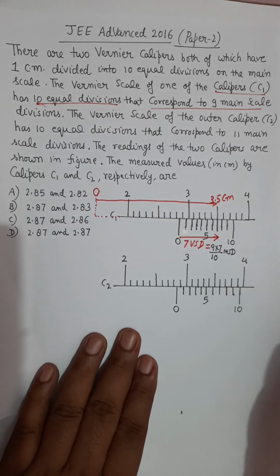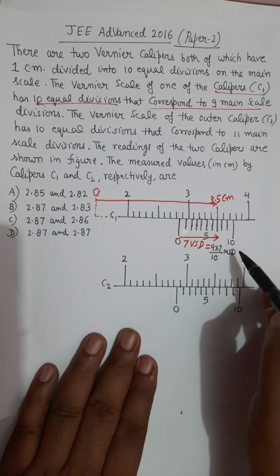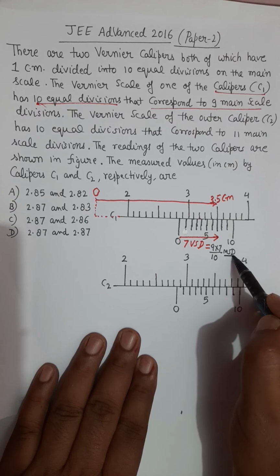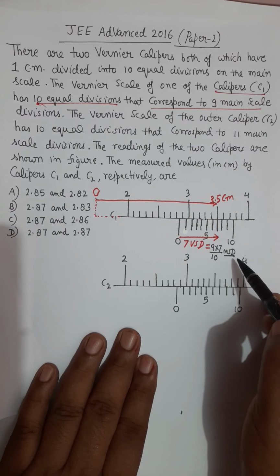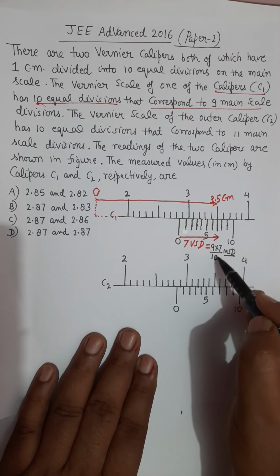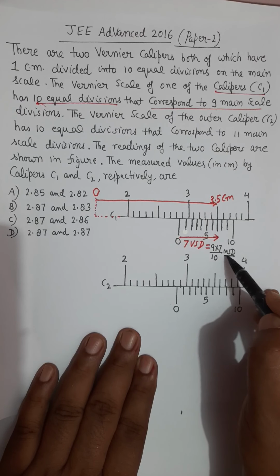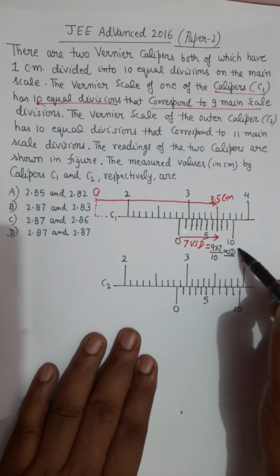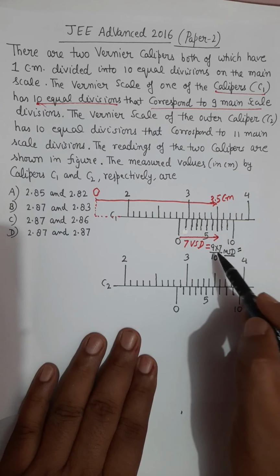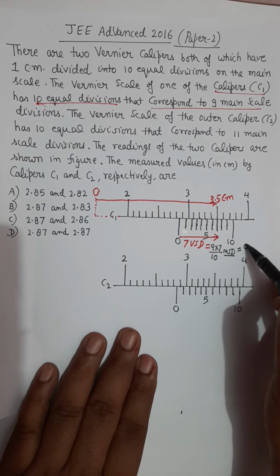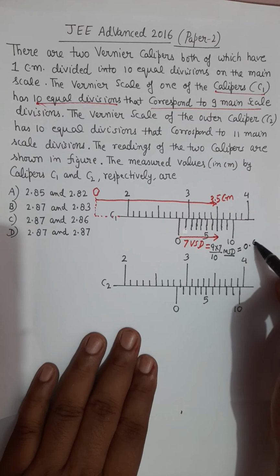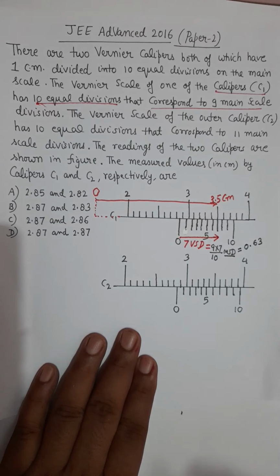That's a simple unitary method mathematic process. And one main scale division is 0.1 centimeter. So it is 63 upon 10 into 0.1 centimeter, and this whole value will be 0.63 centimeter.